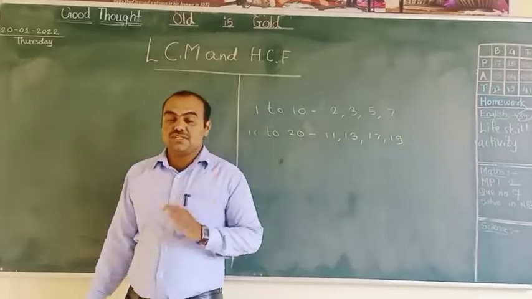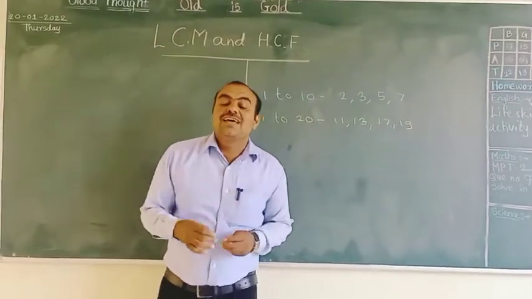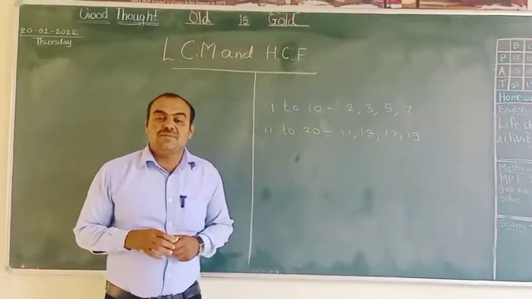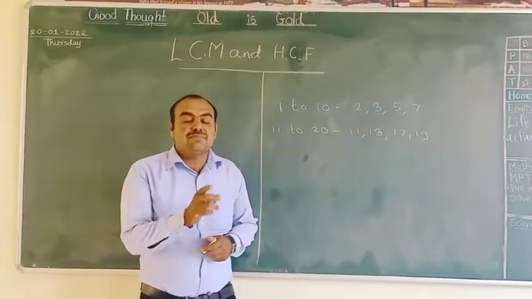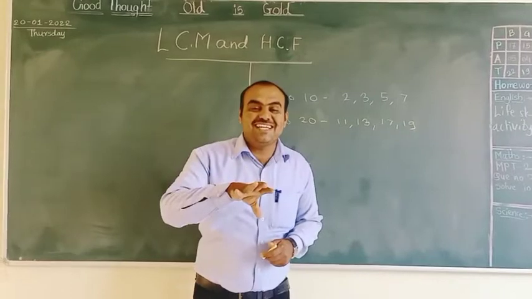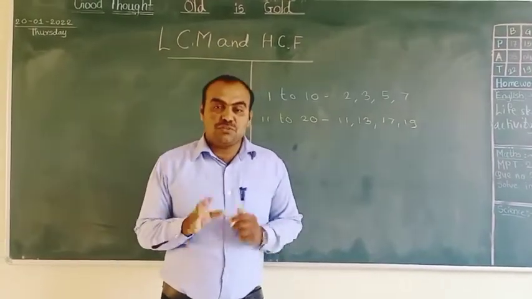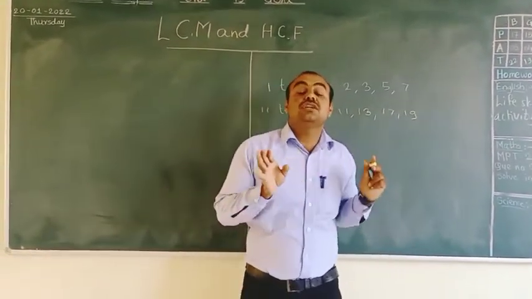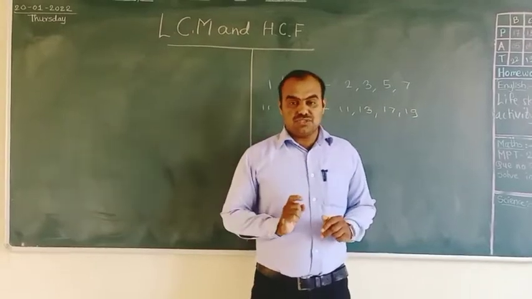Like this 4 are there. Why is 20 not a prime number? Because 20 can be divided by 2, 4, 5, 10, so it is a composite number.